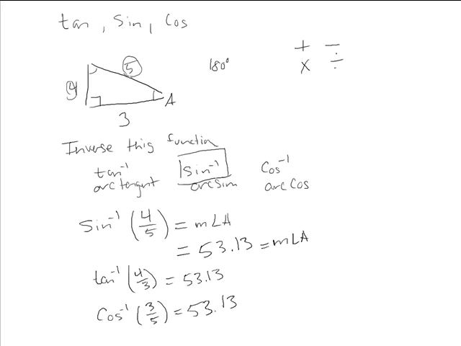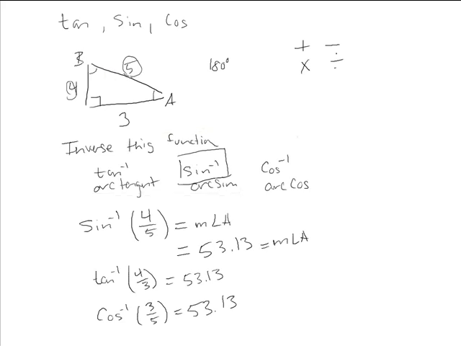So let's think about it for a second. If I wanted to do what's called solving the right triangle, or basically find all of the angles and all of the side measures, I would only really need to find one of these two acute angles. Remember I said that these two have to add up to 90 degrees. That means that if I wanted to find the measure of angle B, I could do it a couple different ways.